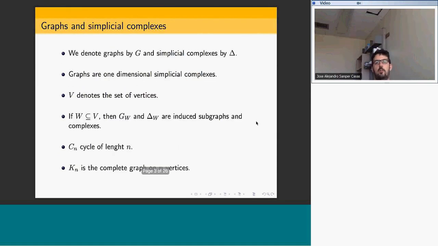Let me start by giving you a few definitions. So I'm going to use G to denote graphs, and delta to denote a simplicial complex. We think of graphs as one-dimensional simplicial complexes, and I'm going to use V to denote the set of vertices of either a graph or simplicial complex.